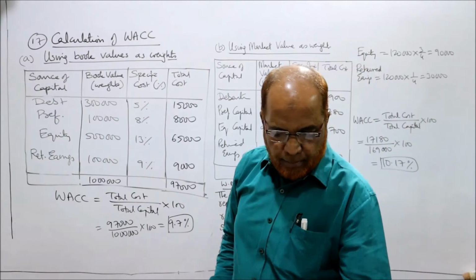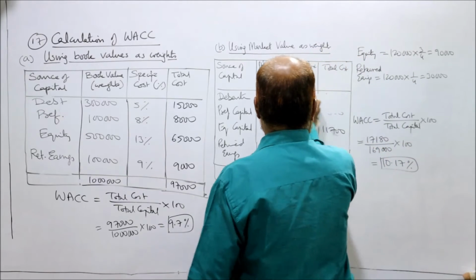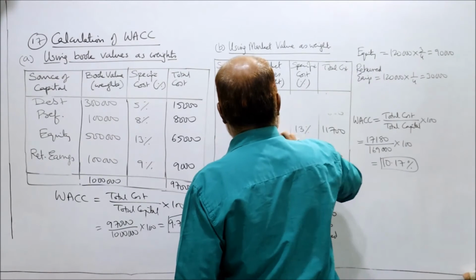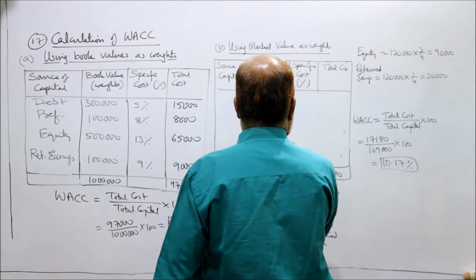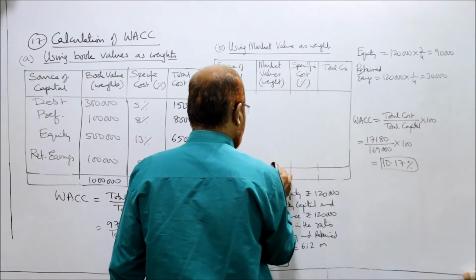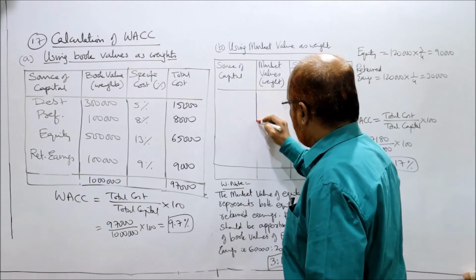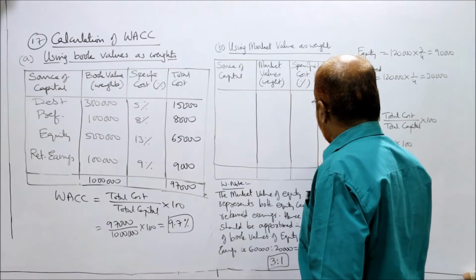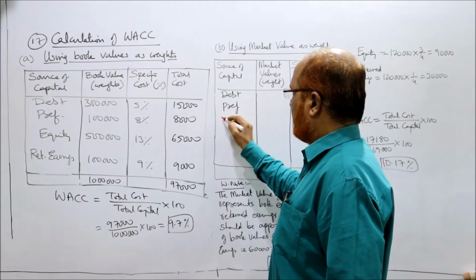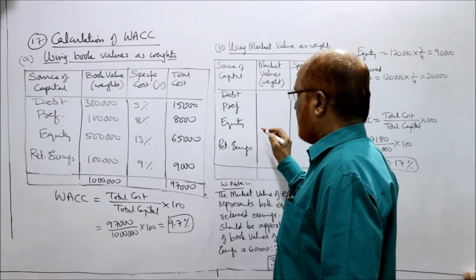Now we have to find out the market value weights. WACC using market value weights. Retained earnings.